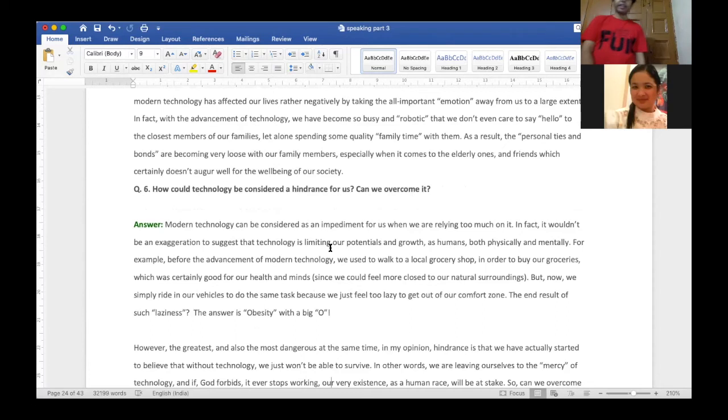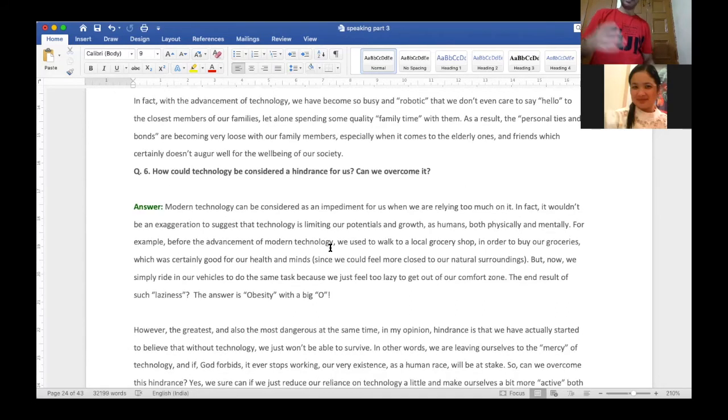So modern techniques can be considered as an impediment for us when we depend on them too much. In fact, it would not be an exaggeration to suggest that techniques are putting a hindrance on our potential and growth because before the advancement of modern techniques, we used to indulge in more physical work.